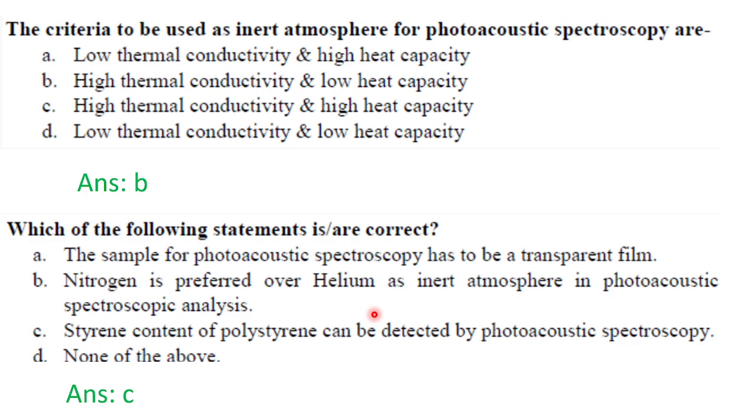So you can detect it from PAS, because you can also detect it from FTIR. It's not contradictory. For example, if something is blooming on the surface or in the bulk, that is different. But since styrene is present, obviously from FTIR and from PAS, from both you can determine the styrene content.